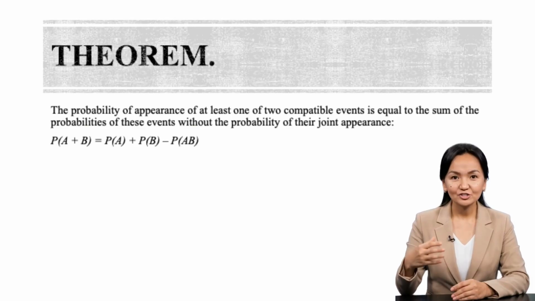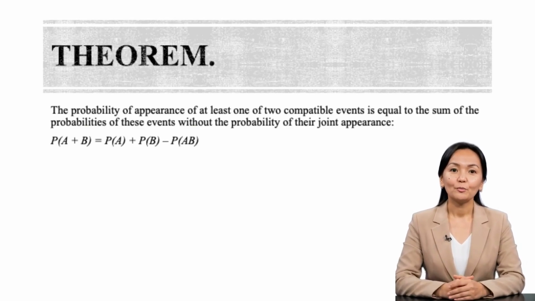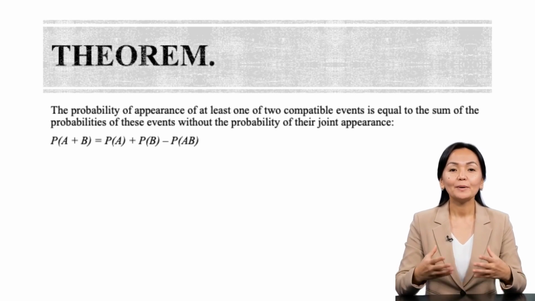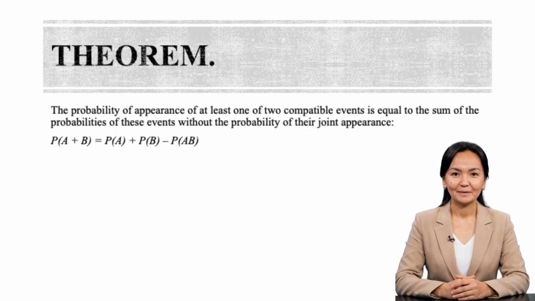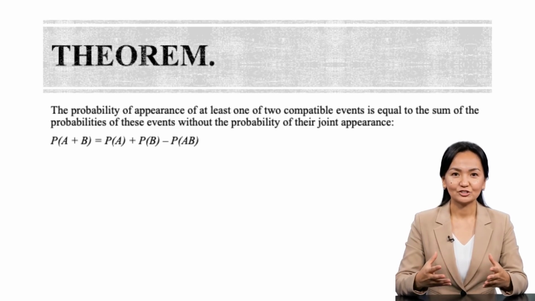The theorem of addition for compatible events states that the probability of the appearance of at least one of two compatible events is equal to the sum of the probabilities of these events minus the probability of their joint appearance. We express this mathematically as P(A+B) = P(A) + P(B) - P(AB). This formula is both elegant and intuitive.